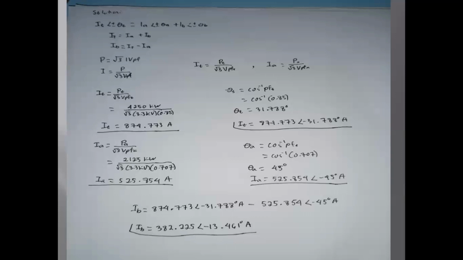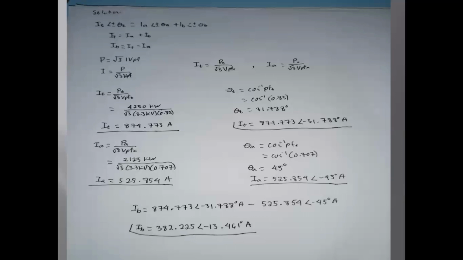Then we proceed with the same formula. IB is equal to IT minus IA. So IT is 874.773 angle negative 31.788 ampere minus 525.845 angle negative 45 ampere.